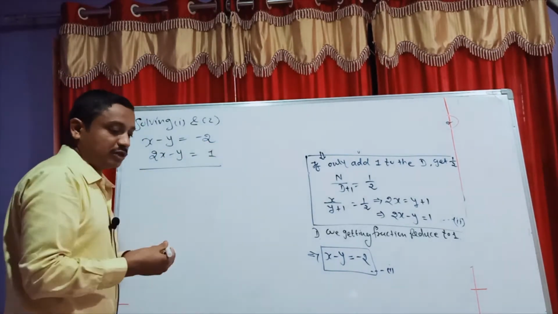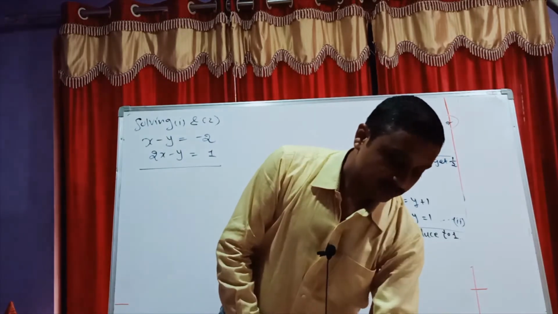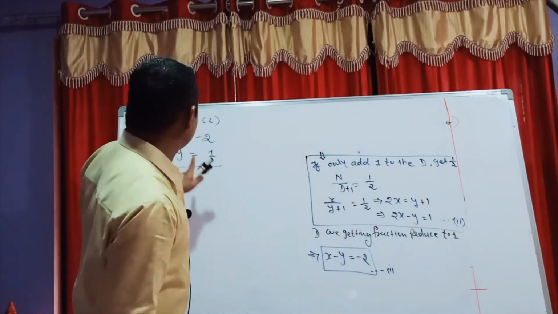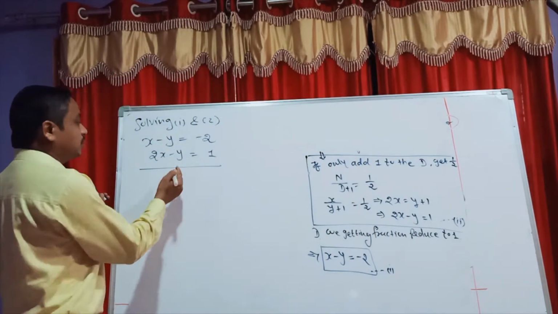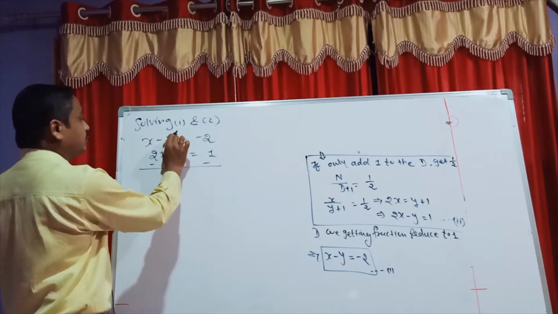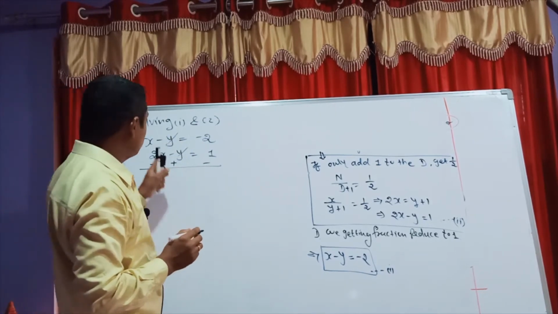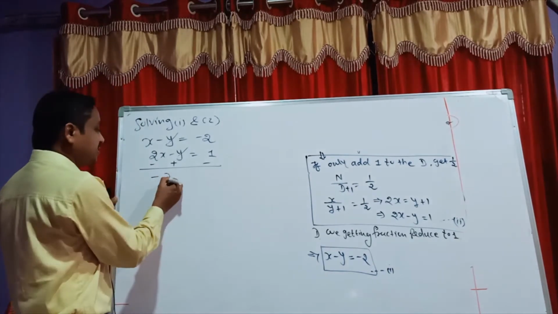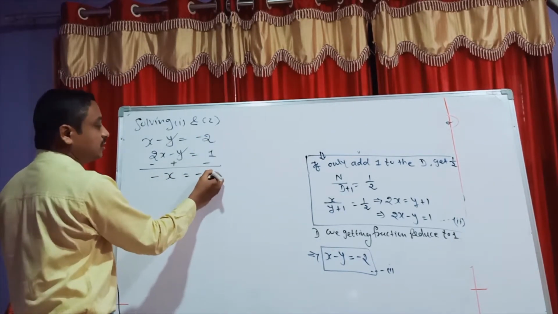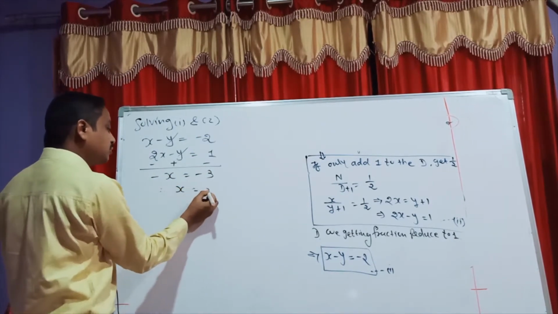Students, here no multiplication is needed because x, y and y are direct like terms, only the sign changes. You get y and y cancel. How much is x minus 2x? It is minus x. Minus 2 minus 1? Minus 3. So x is equal to 3.